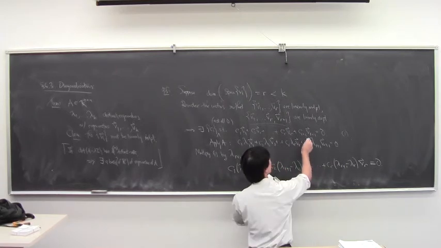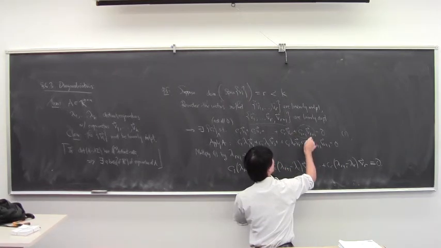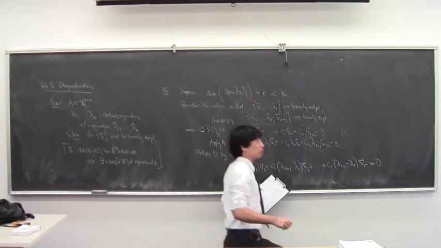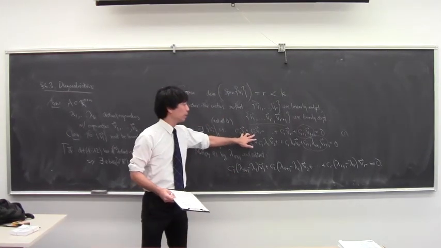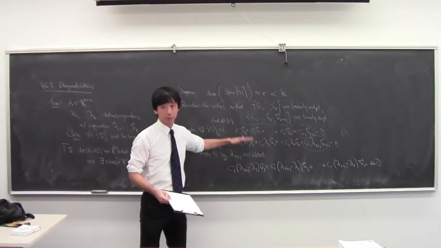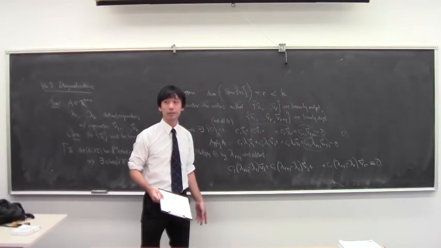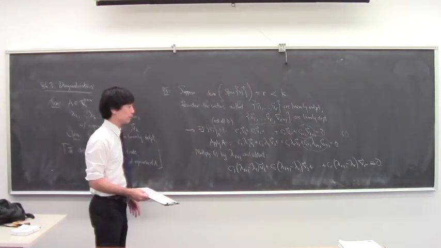So basically we kill off the last term: we multiply the top by lambda(r+1) and subtract, and the last terms cancel.